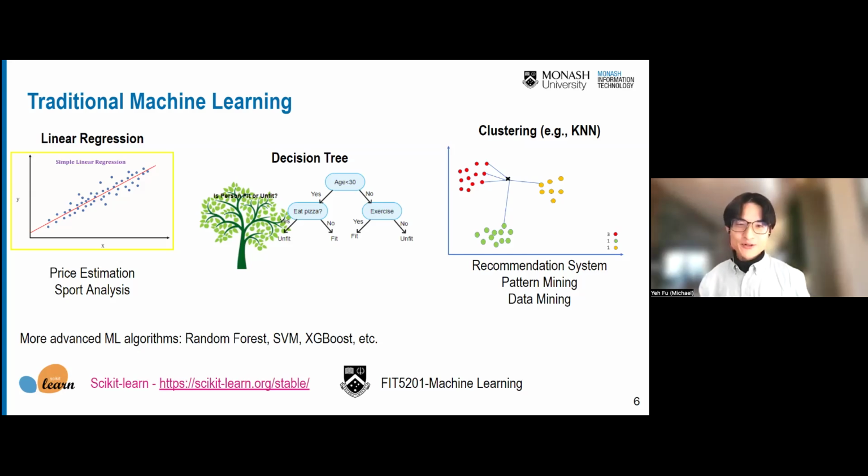And at Monash, we also have the 5201 machine learning unit. I took it like 3 years ago during my master's study. It was a really great one. I learned the mathematics behind machine learning, and I got to understand how machine learning works in technical detail.